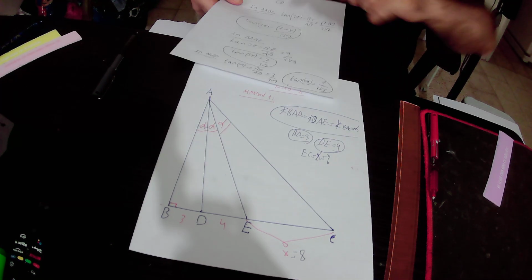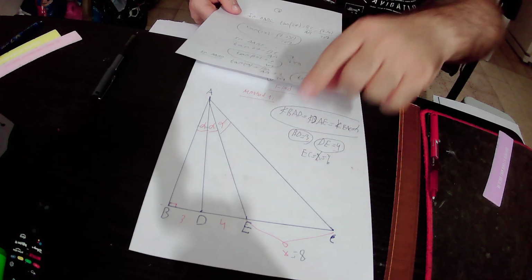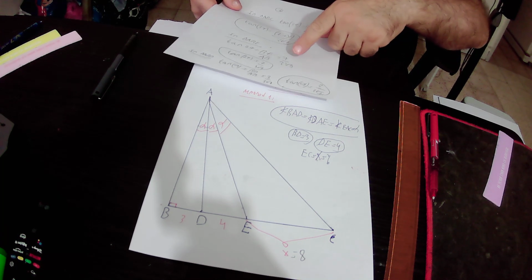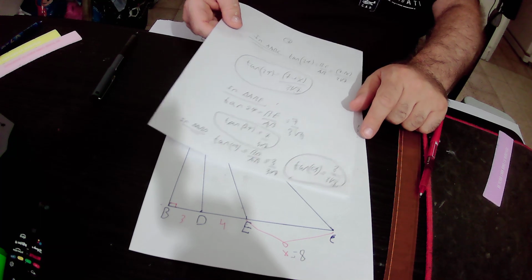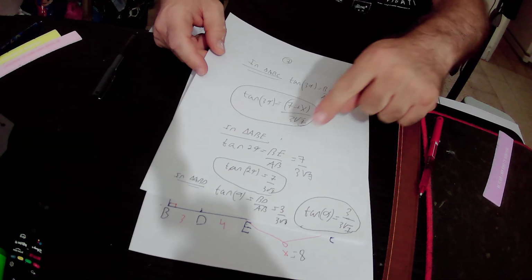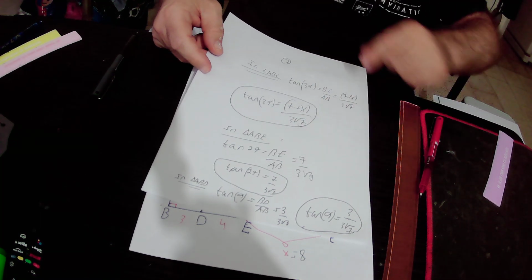But we know that BE equals 3 plus 4, 7, and AB equals 3 times root 7. So in total, tangent 2 alpha equals 7 over 3 times root 7.